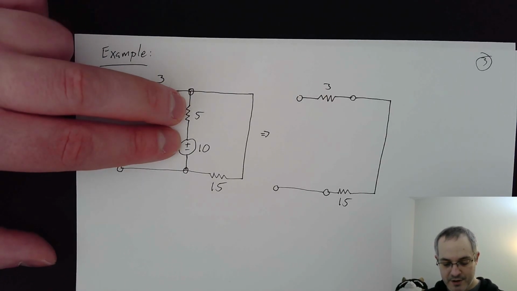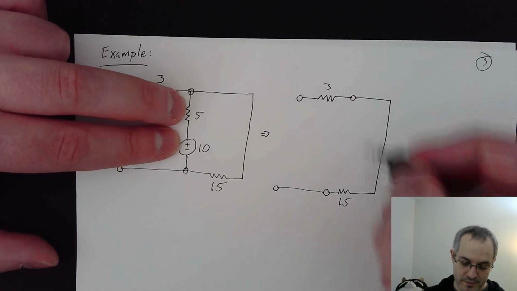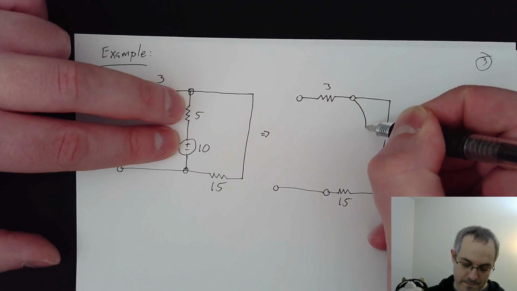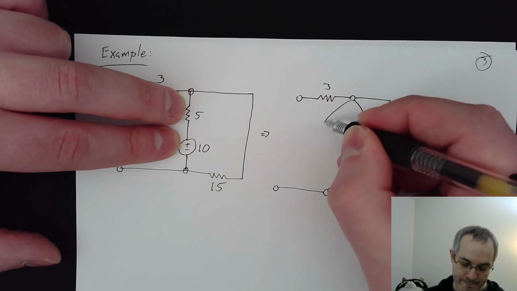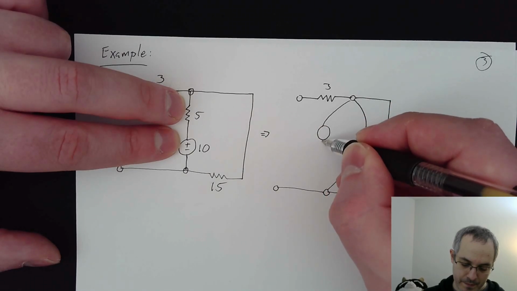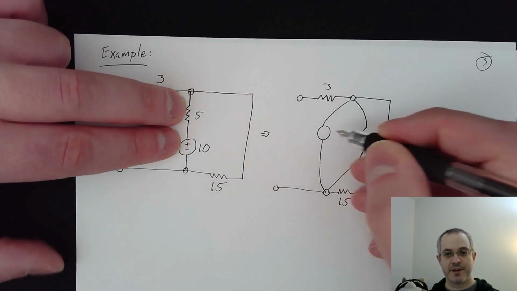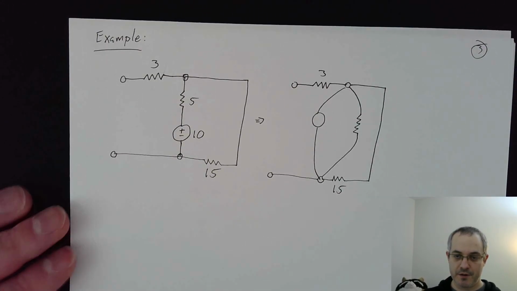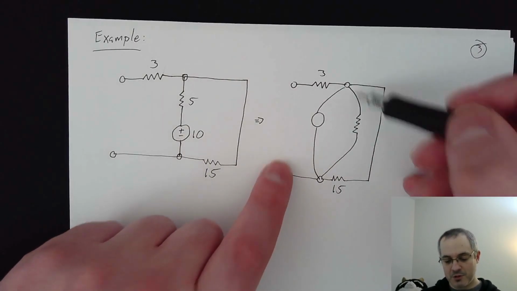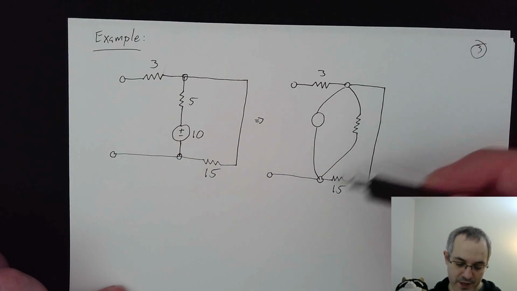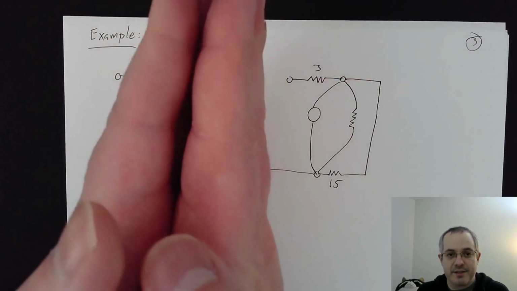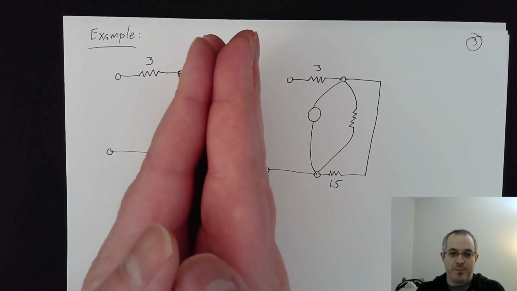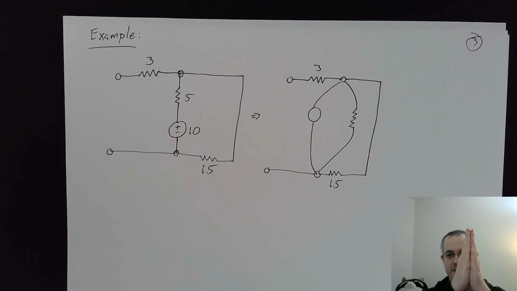Now, since these are in series, we can make them into parallel. I'll draw the arrow here in just a second. I want to talk about the arrow. I made them squiggly, curved lines because it helps you see it as a line, like a series, and then you expand it out to make it parallel.